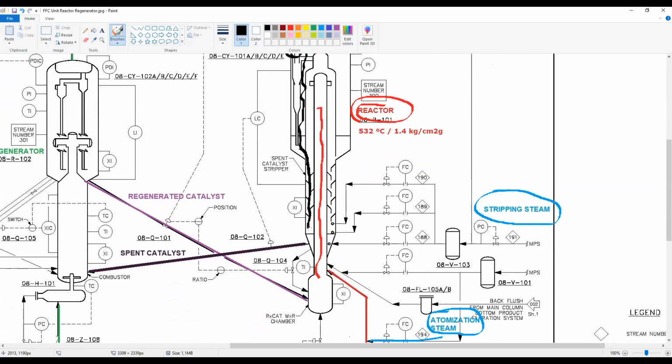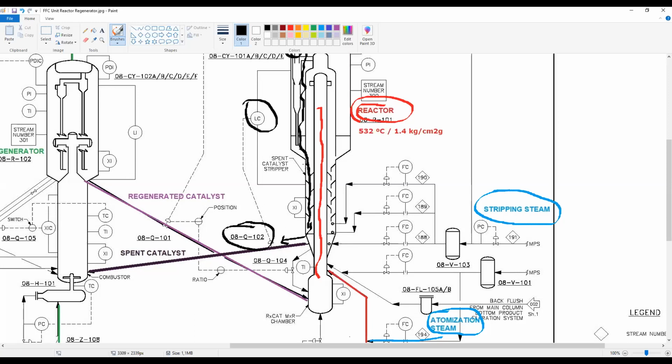It will find the stripping steam, and then we'll go through this line, okay? That is the spent catalyst line. You see here above, that is this Q102, that it will control with this level control in the reactor, as we have said before.